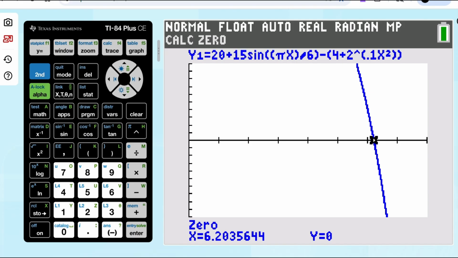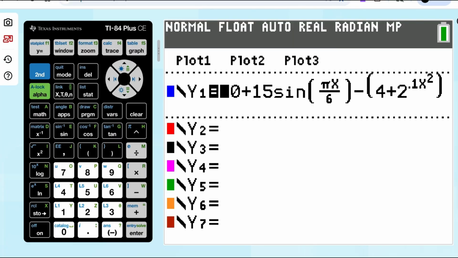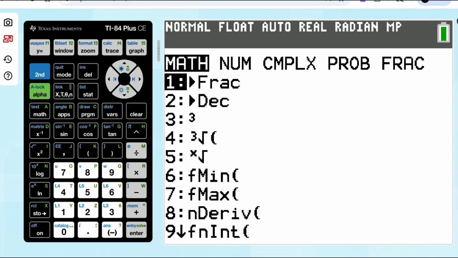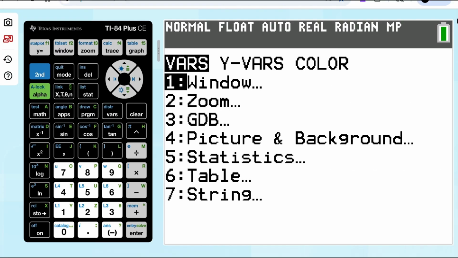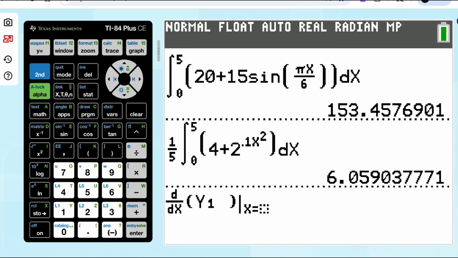And so we'll go in here, and we've got the functions E and L, or actually we have E minus L already written in here as y1. So what we'll do is we'll just find math option number 8, the derivative with respect to x of our function, and we can get that function E minus L by hitting VARS right next to the clear button, going into y VARS, the second column, option 1, and then choosing our y1 function.